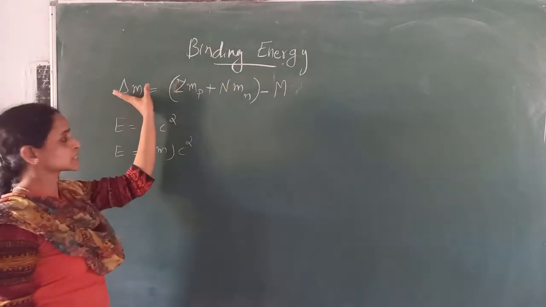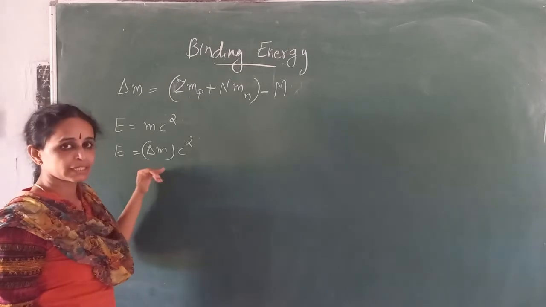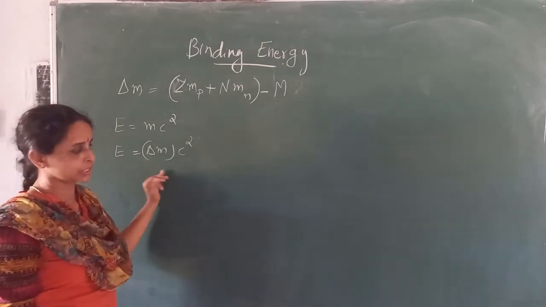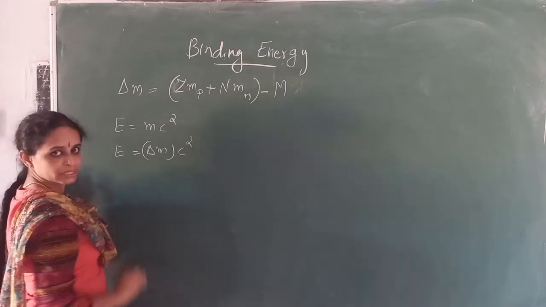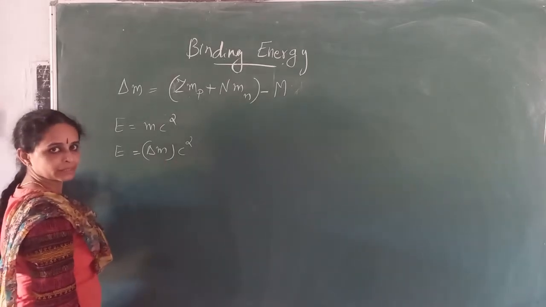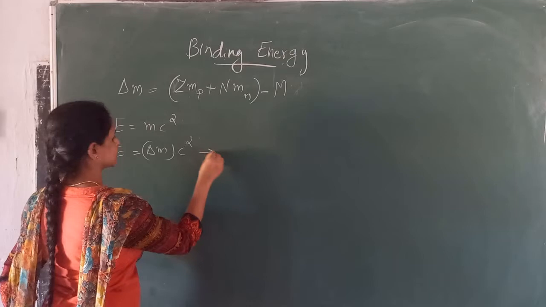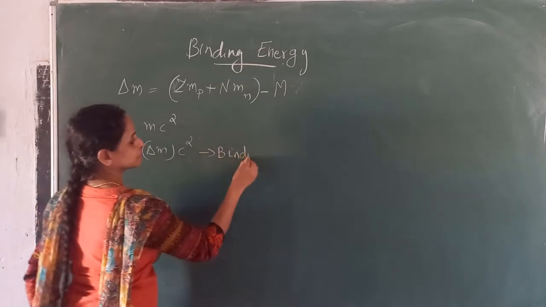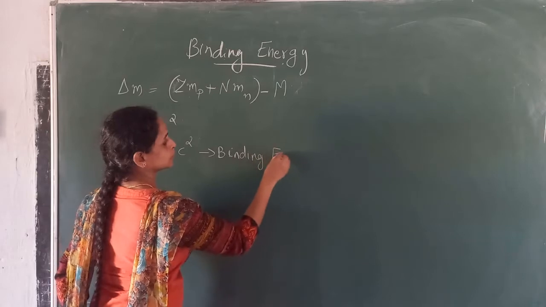So this mass defect actually has the form of an energy, and this energy is known as the binding energy of the nucleus.